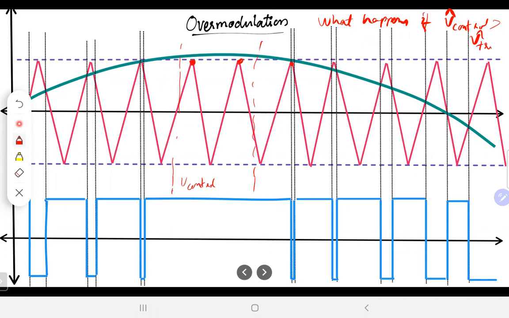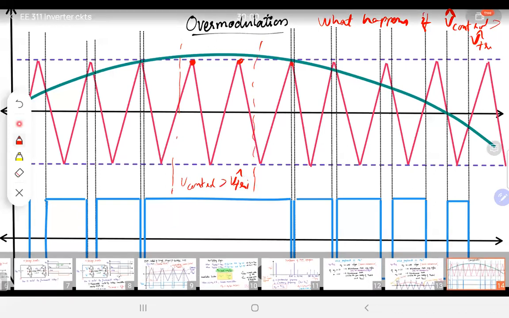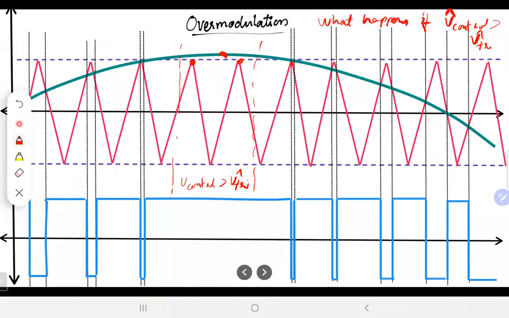V control is greater than V triangle peak. So this is the peak of the V control. And in and around that you have this one.